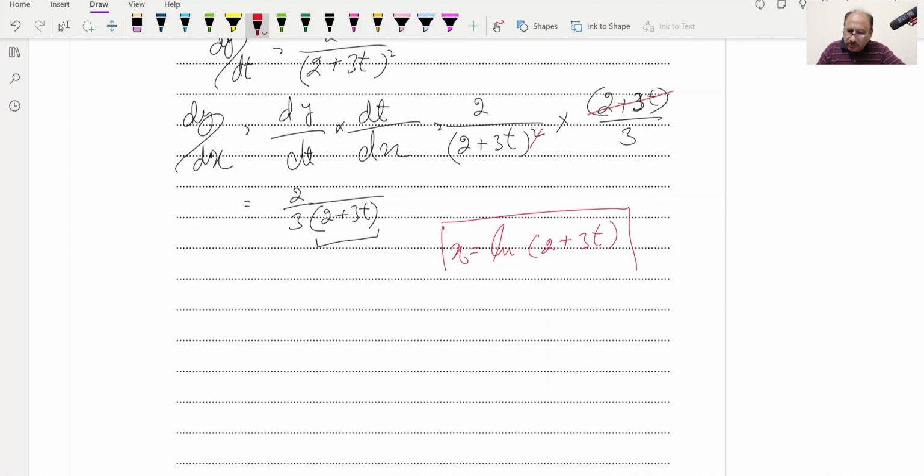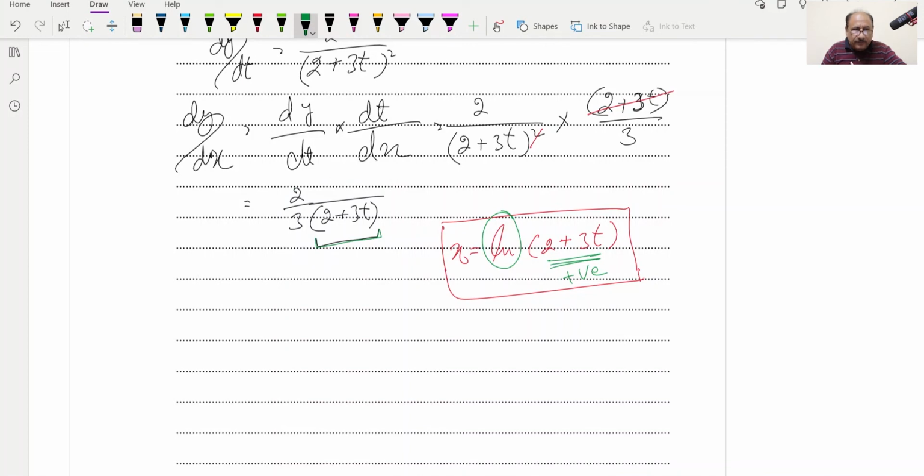In this equation you see this one cannot be negative. This is always positive because we cannot take log of a negative number, so this is positive. If this portion is positive, positive meaning always positive, then 2 by 3 of this value will also be positive.